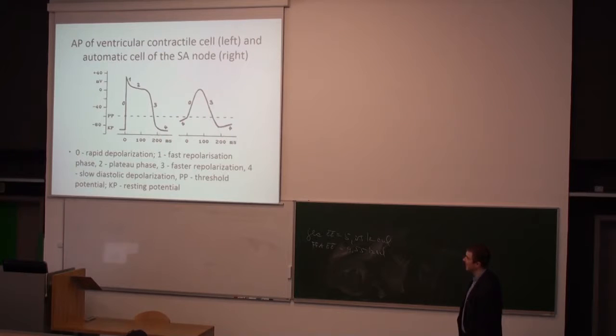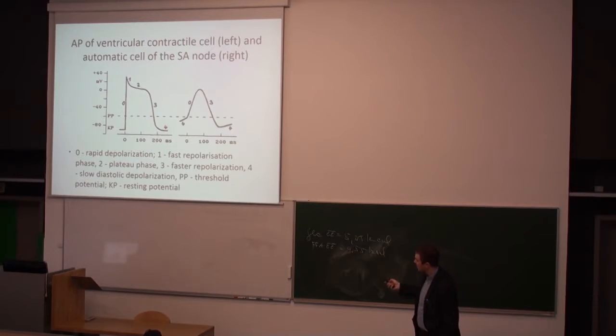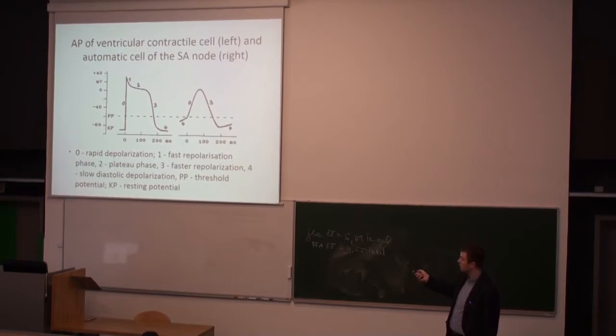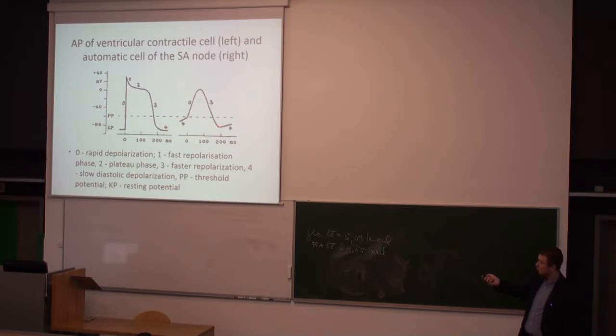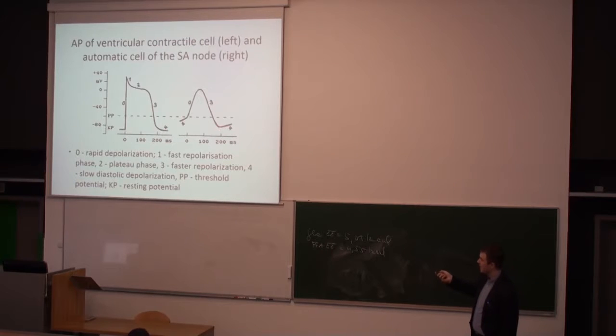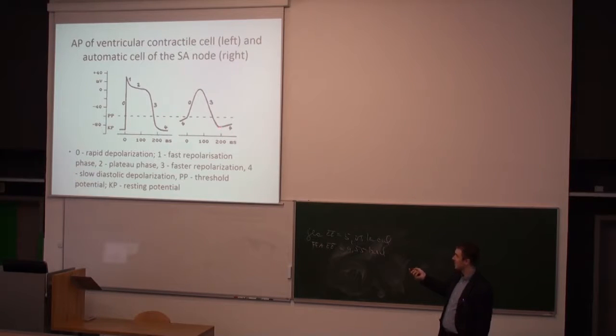So if we look at the picture, here you have the curve for the sinoatrial node cells, and these are the cells of the contractile myocardium, yes, that I will tell you in a few minutes. If you look at it, here you see the lowest point that we can say is the resting membrane potential.